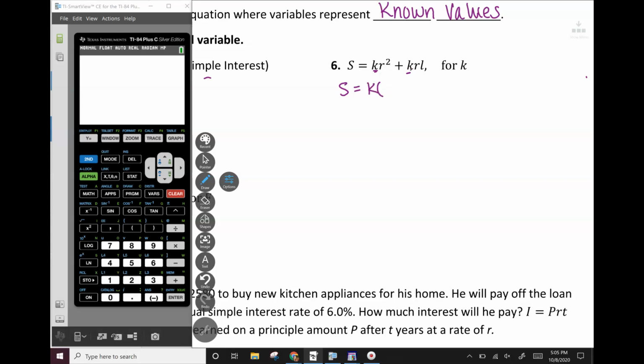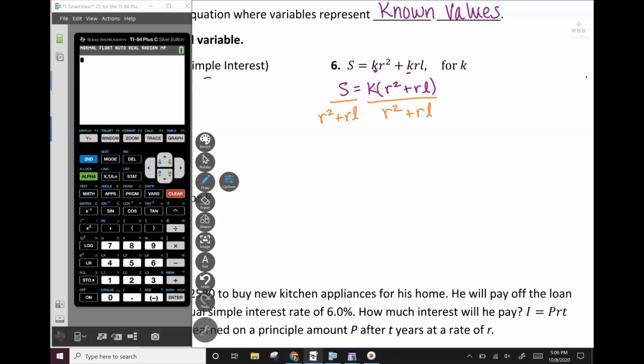So I'm going to factor that K out. So dividing by K on both of those terms leaves me with R squared plus RL. Okay, now that I did that, see how I only have 1 K in the equation? So that's perfect, because now I can divide by R squared plus RL, because right now they're multiplying K times R squared plus RL.